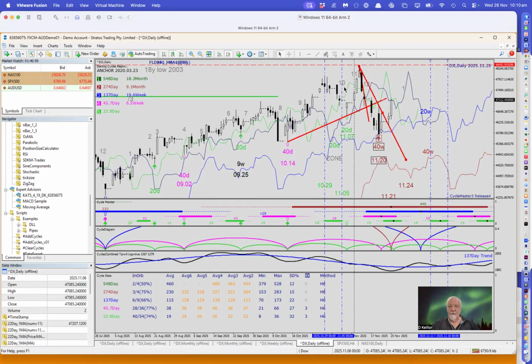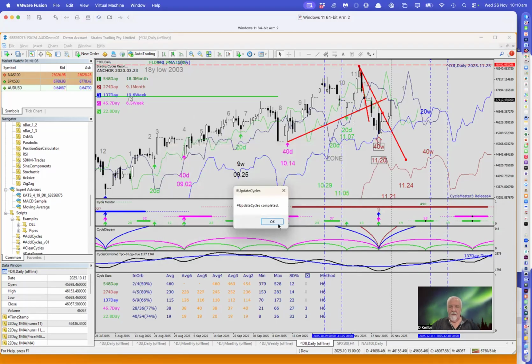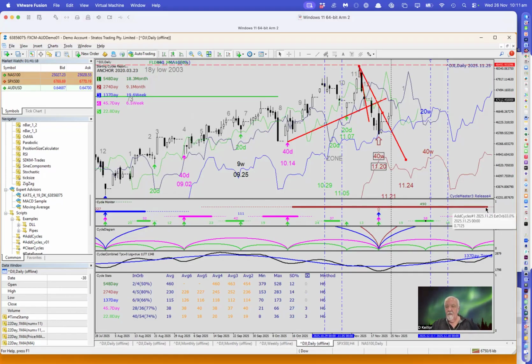Update cycles. Now CycleMaster is going to argue the point and give us a big arrow because CycleMaster is not the master. I'm the master. And CycleMaster is not going to actually locate this arrow as a 40-week arrow until the right-hand edge of the 40-week orb.